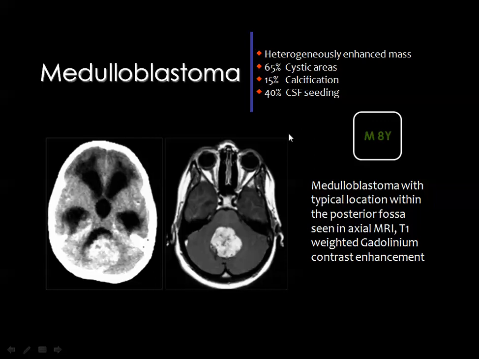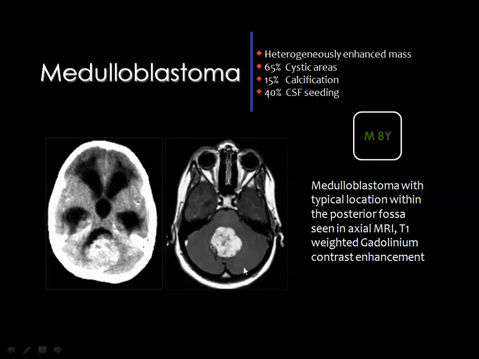Then you see an enhancing tumor midline in the posterior fossa, and this tumor is encroaching on the back of the fourth ventricle, and this is the fourth ventricle which is dilated with supratentorial obstructive hydrocephalic changes. And this is another case of a medulloblastoma, almost totally centered over the area of the fourth ventricle.